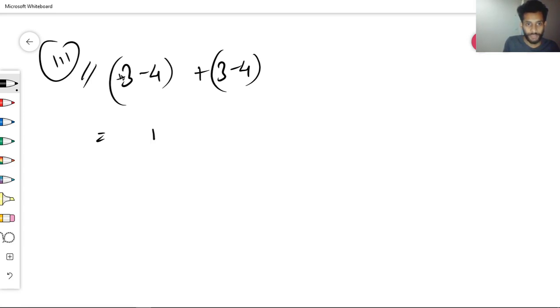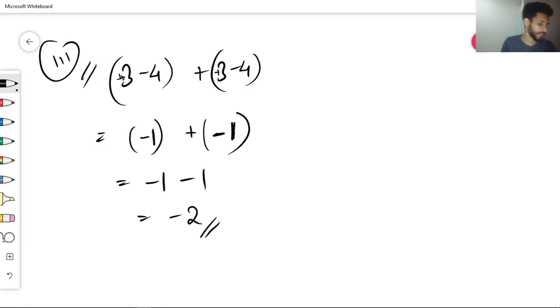We will subtract. So the difference is 1, and the result will take the bigger sign. Which is the bigger sign? The bigger sign has minus, so it will be minus 1. After that plus, again here same thing. Here it is plus, here it is minus. So plus minus is minus, so we have to subtract here. This is 1, and the result will take the bigger one. The bigger one has minus, so minus 1. So now when we open the bracket, it is minus 1 minus 1, result will be minus 2. So this is the answer 3.